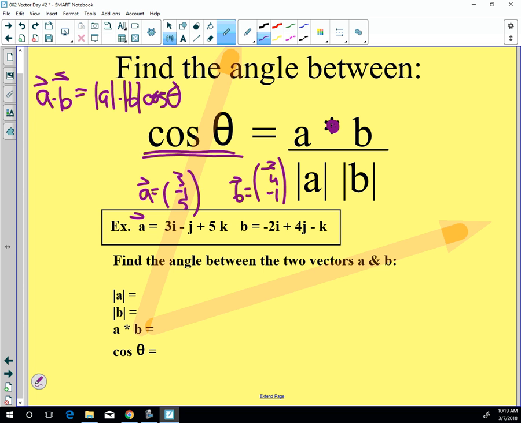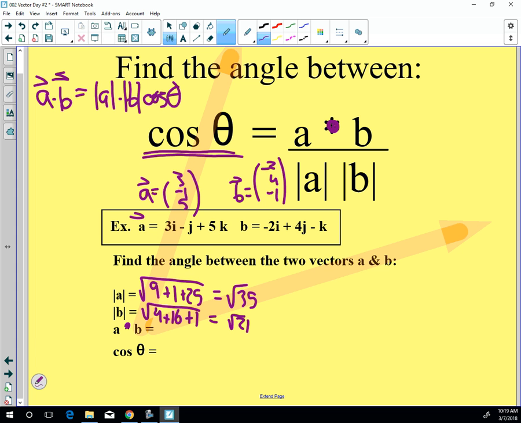So what's the magnitude of this A? Well, it's the square root of 9 plus 1 plus 25. In your head, do you get square root of 35? B is the square root of 4 plus 16 plus 1, which is the square root of 21.